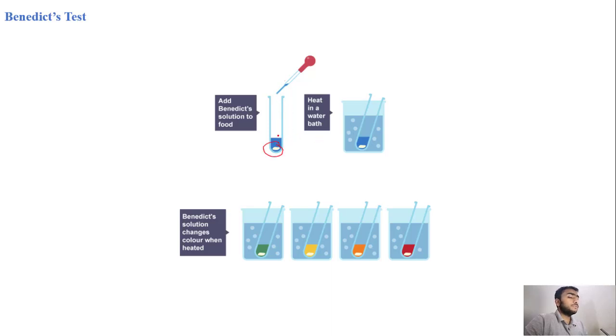Then you add several drops of this copper sulfate or Benedict solution, and then you put it into a warm water bath and heat it for at least 3 to 5 minutes. So a color change is observed. A brick red precipitate or brick red solution indicates a high concentration of sugar. An orange color indicates a lesser concentration, yellow color even lesser, and green color a really minimal amount of sugar is present when green color is observed.